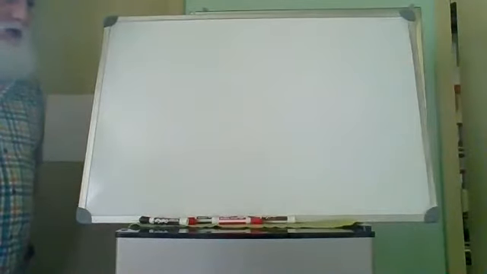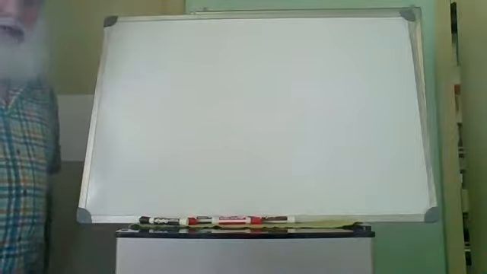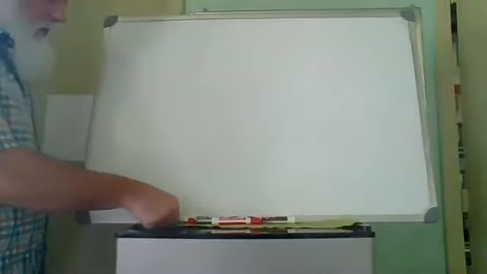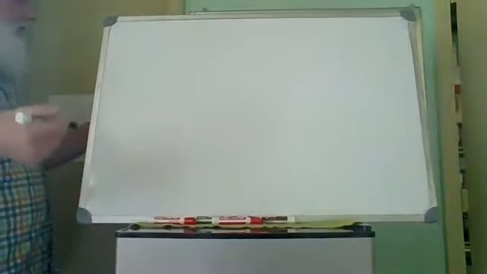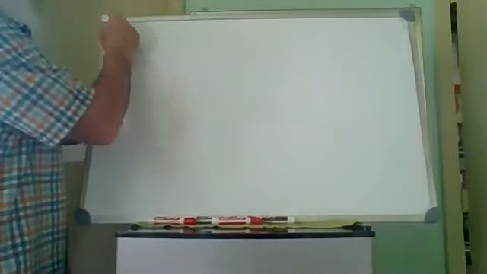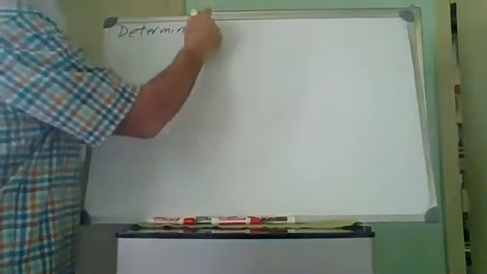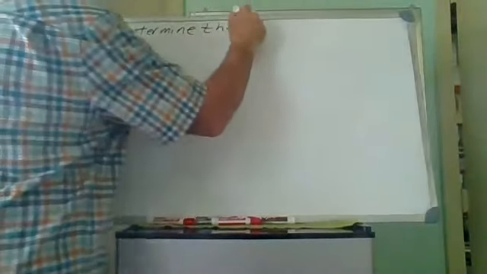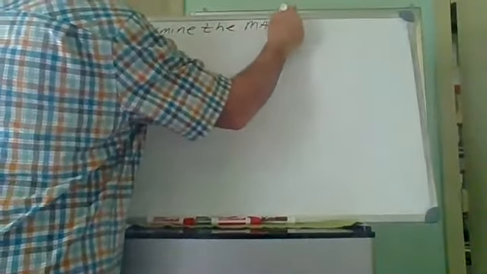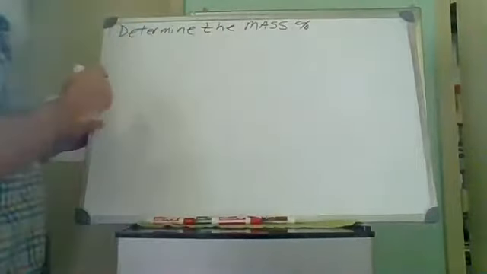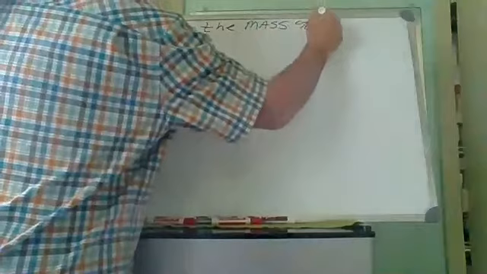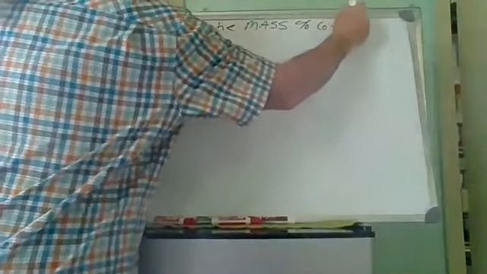Okay, so without further ado, let's take a look at how to calculate mass percent composition of a given chemical compound. So let's take a look. And I'm just going to put a percent sign here because I don't have a lot of room to work.